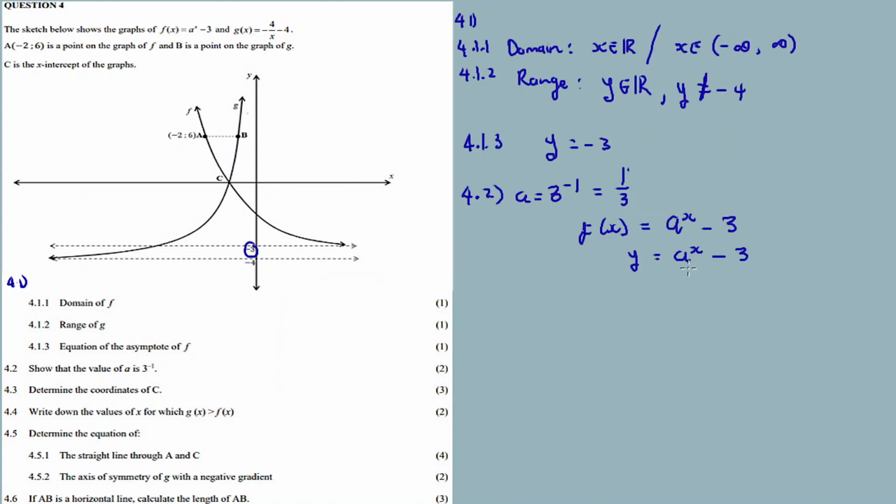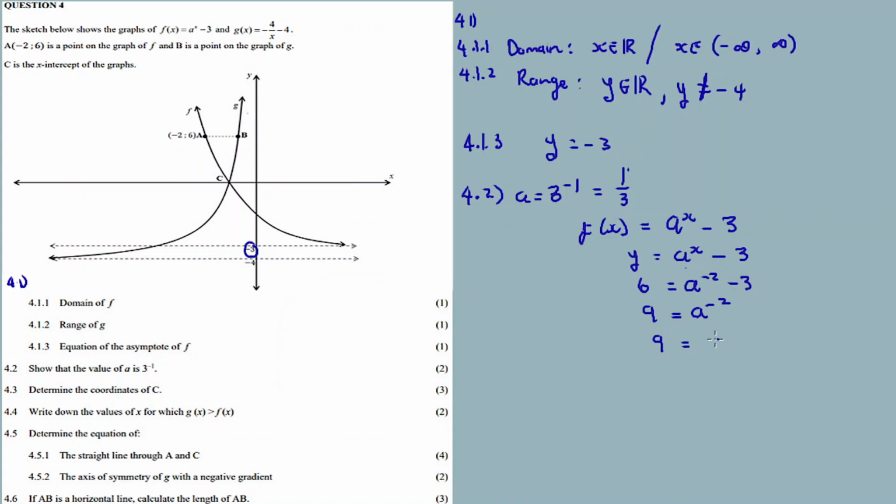To calculate a we need a point found on this graph. On f we have y is 6 equals a to the x, x is negative 2, minus 3. Transpose the 3: 6 plus 3 is 9, equal to a raised to exponent negative 2.